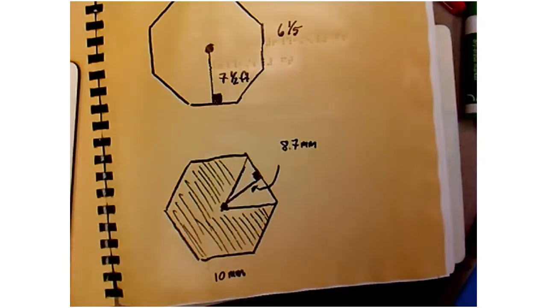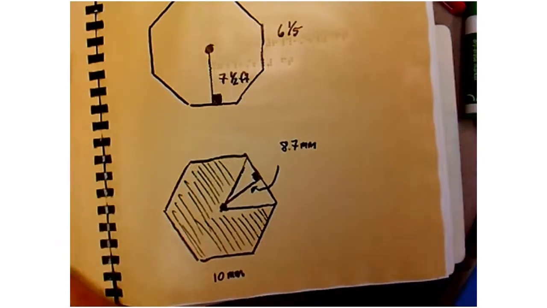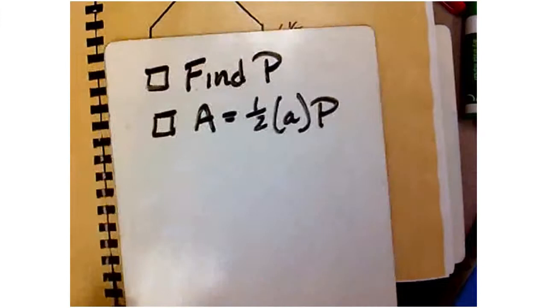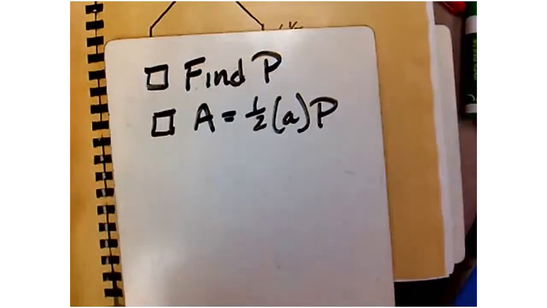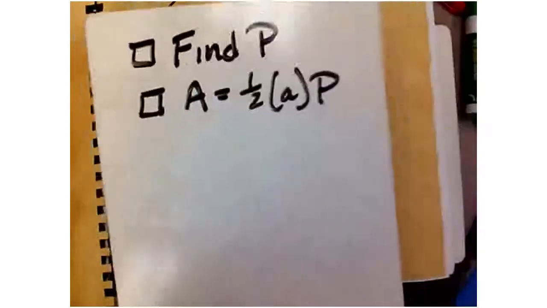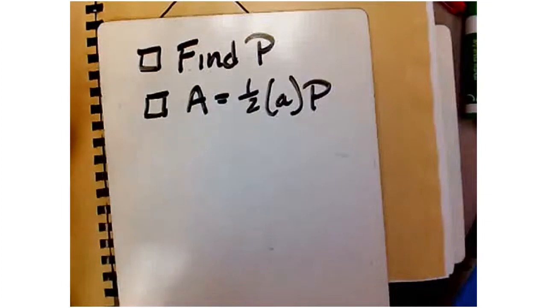Okay, then what are we going to find next? You're going to find the shaded area? You're just going to find the perimeter and then find the shaded area like that? One step? So what do we have to do next? After we find the perimeter, what are we going to do?